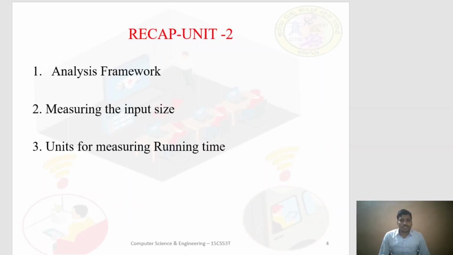In the last session, that is the second session of the second unit, we discussed about analysis framework, measuring the input size, and units for measuring running time. These three concepts we discussed in the second unit.